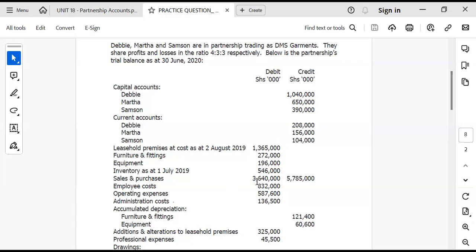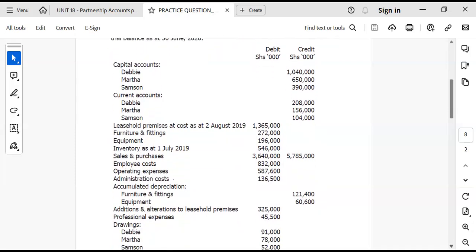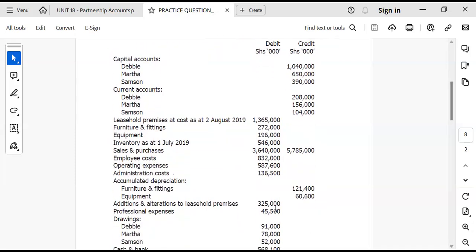Sales and purchases, employee costs, operating expenses, admin costs, accumulated depreciation for furniture and fittings and equipment. This is for the accumulated depreciation for those items. Additions and alterations to leasehold premises, we have that.